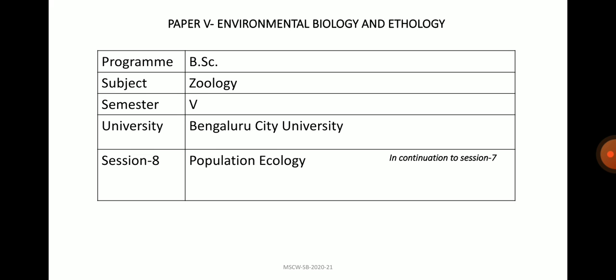Further, you have learnt that the ratio of age groups in a population determines the reproductive status of a population and may also indicate what is expected in future.